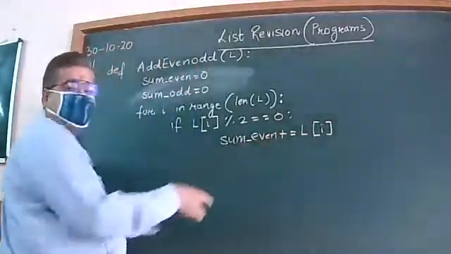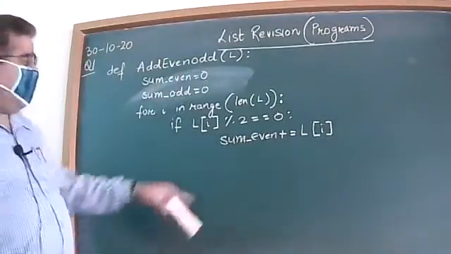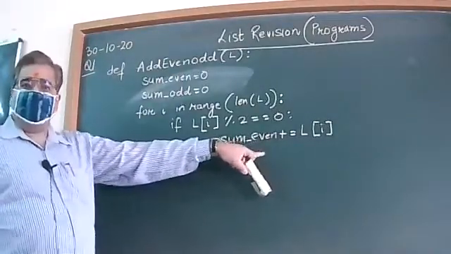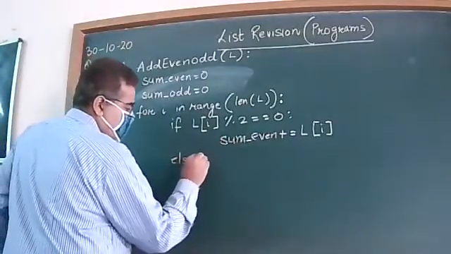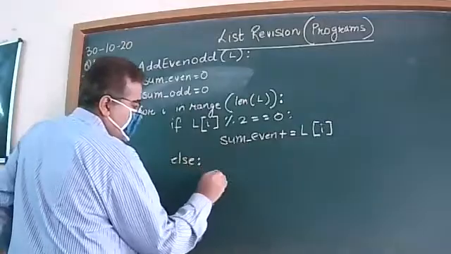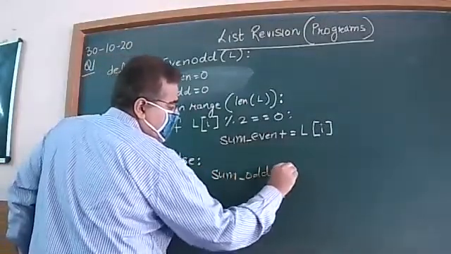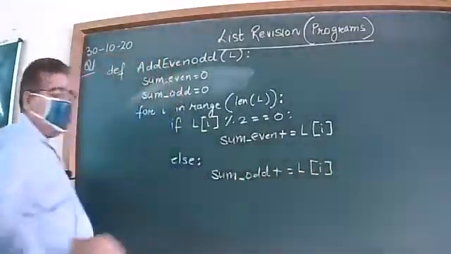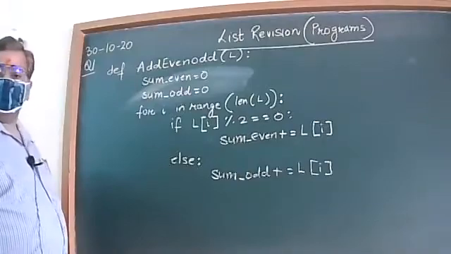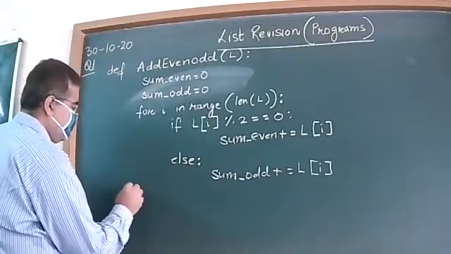I have used the shorthand over here. Right? Else, element is odd. So I will find the sum of odd element. And finally, I will print it.